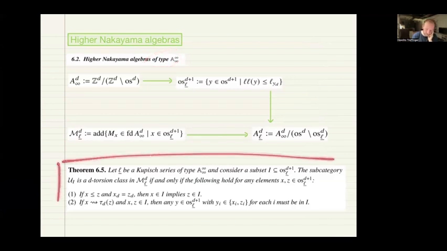For those, we also have a theorem telling you when a subset of indecomposables, if you close under direct sums, gives a d-torsion class in this module category. Okay, this is all for us.